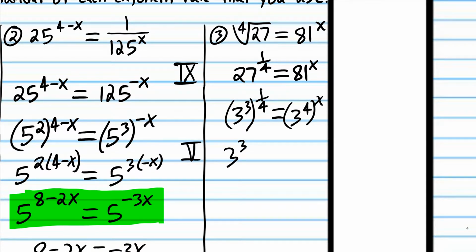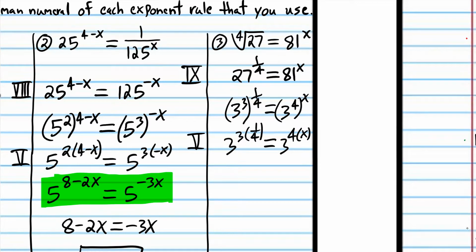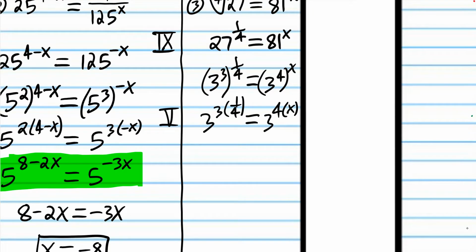We just multiply the exponents, and you can use dots or parentheses, whatever you want to do. And so now 3 times 1/4, that's just going to be 3 to the 3/4 power and 3 to the 4x.